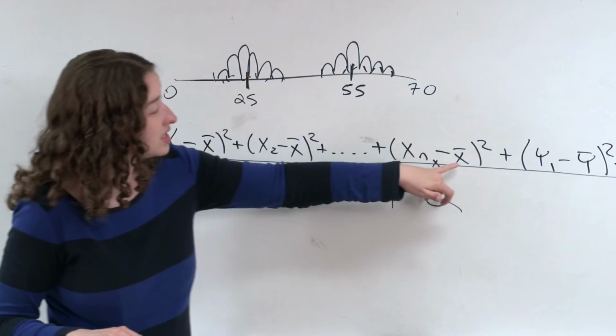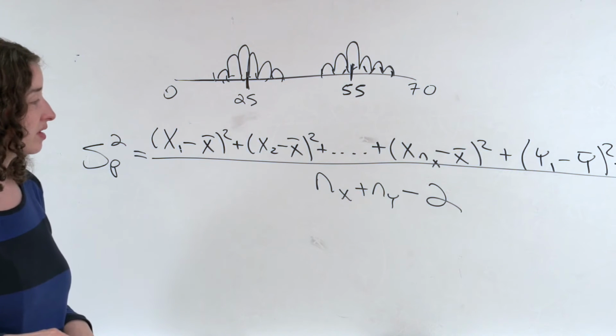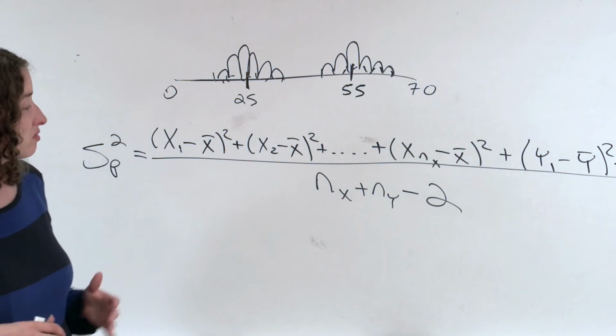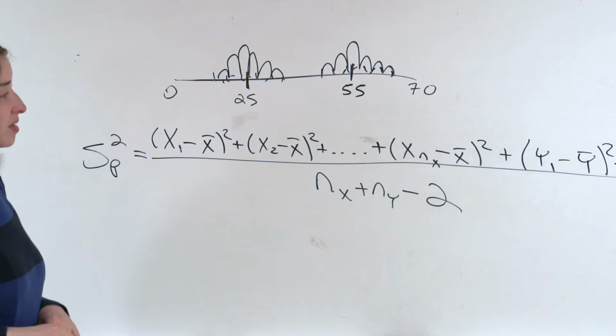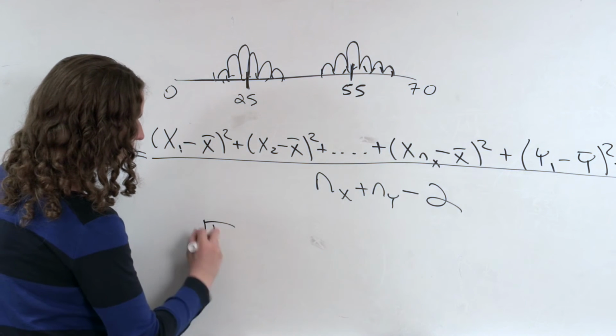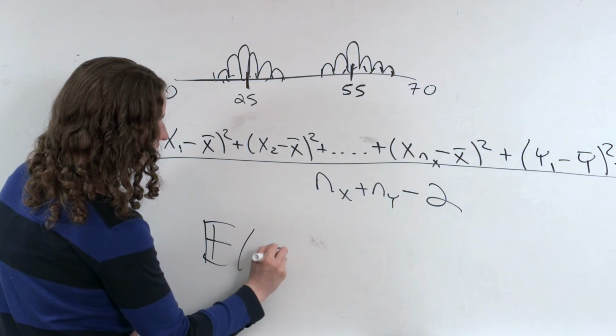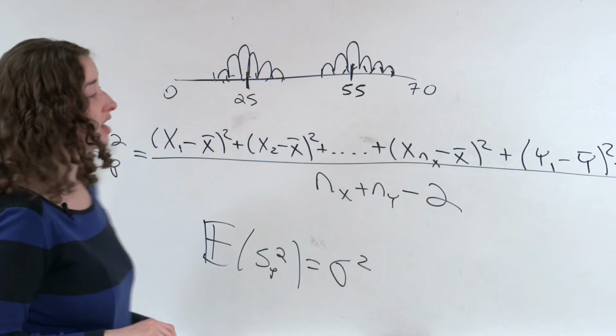I've used up two pieces of information, estimating x bar and y bar. If I start out with a total sample size of 200, two of those pieces of information have been used up. If I want it to be true that on average, the pooled variance is equal to the true variance, whatever that is, I need this quantity. I need that to be there.